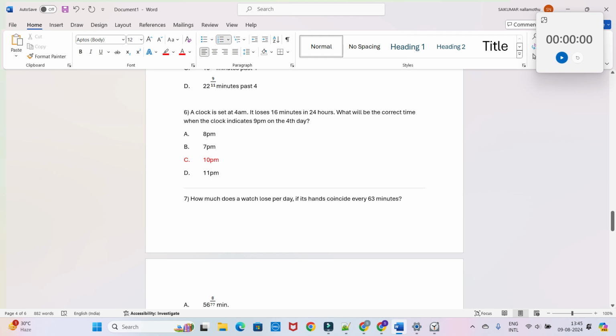Let me say it in a more simple way. Every 24 hours it's going to lose 16 minutes, so for 4 days it's going to lose 48 minutes. Now it's indicating 9 p.m., so definitely it's going to be more than 9.